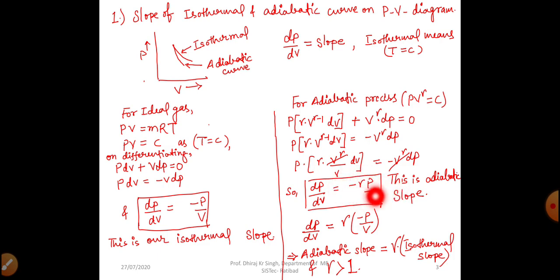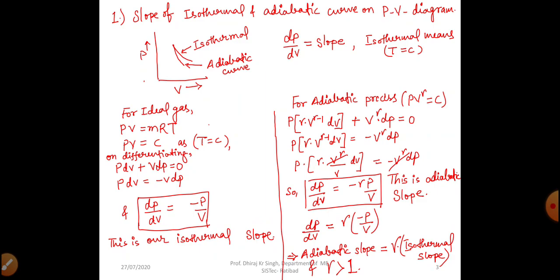Now we can compare this adiabatic slope with the isothermal slope. The adiabatic slope is gamma times higher than the isothermal slope. So we have written here dP by dV equal to gamma into minus P by V. Very clearly we can see that our adiabatic slope is gamma times larger than the isothermal slope, as gamma is greater than 1.